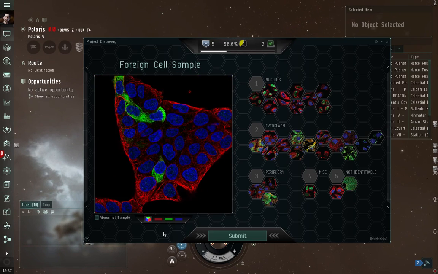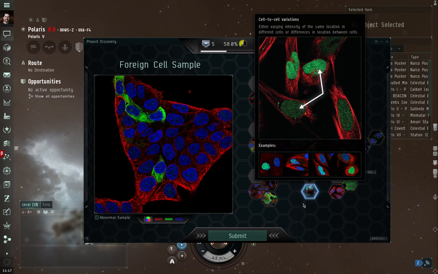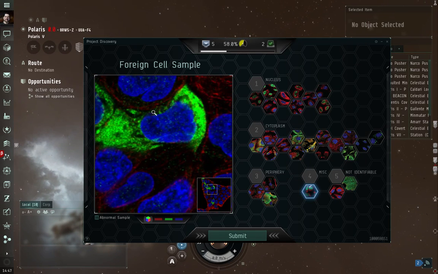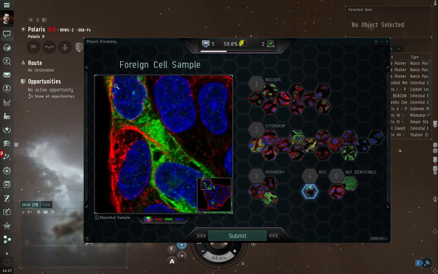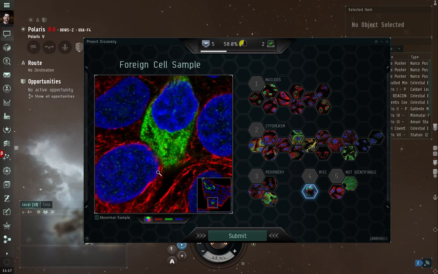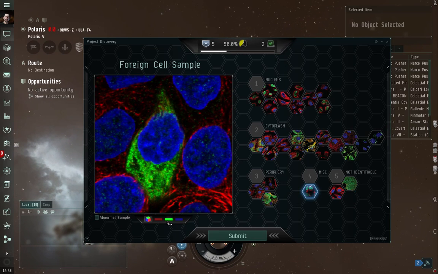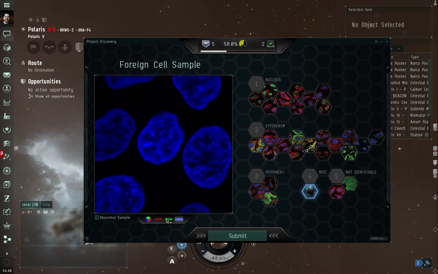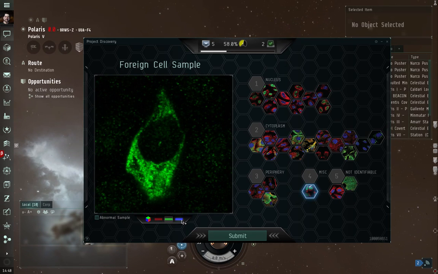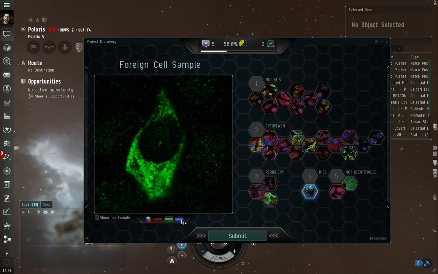Alright, this is a clear cell-to-cell variation. You can see some cells are expressing this protein a lot, and some cells are not expressing it at all. As to the location of it, it's definitely not in the nucleus. So if we toggle on and off the channels, you can tell it's not in the nucleus for sure.